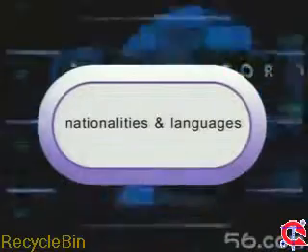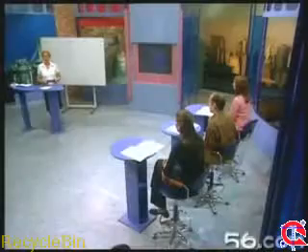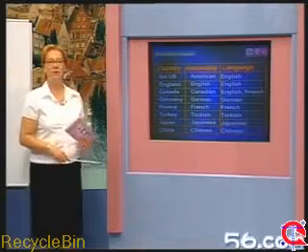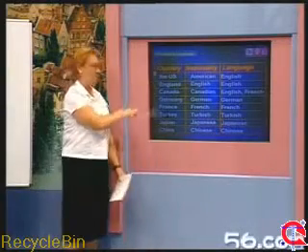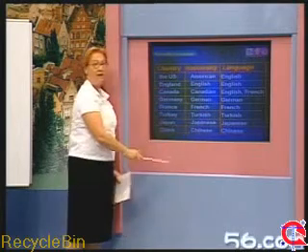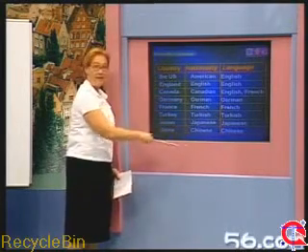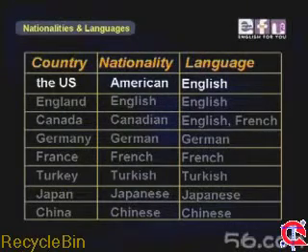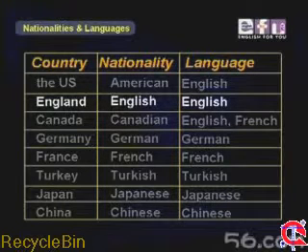Nationalities and languages. Now, here is more information about, we saw the country, we saw the language, now nationality. So, the U.S., American, English is the language. England, English, and English.